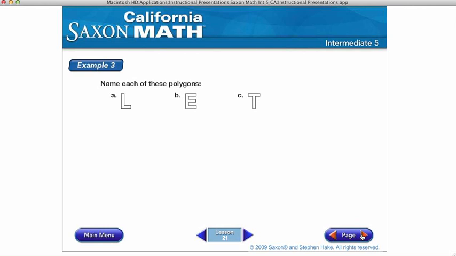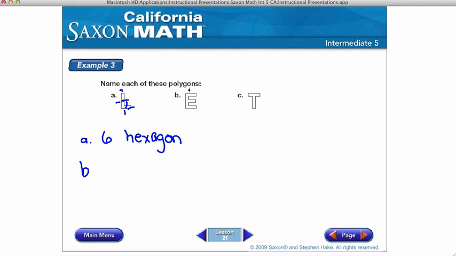Okay, example 3. Name each of these polygons. The way that we name polygons is by counting the number of sides. So we have 1, 2, 3, 4, 5, 6. So A has 6 sides, and the word we use for 6 is hexa. So A is a hexagon.